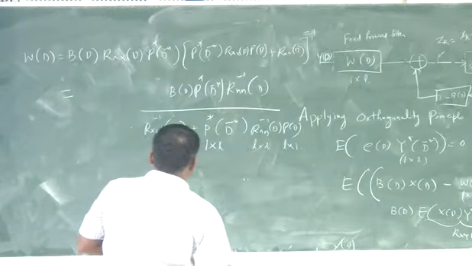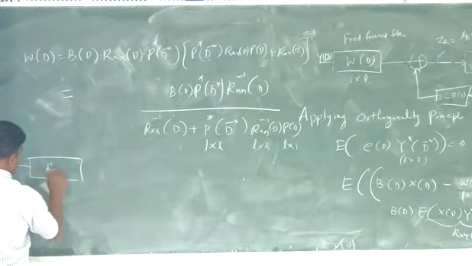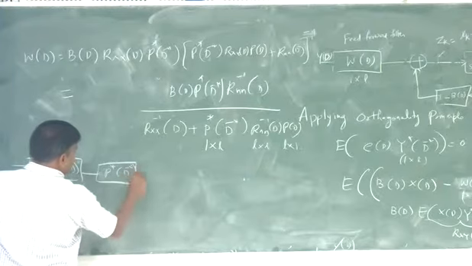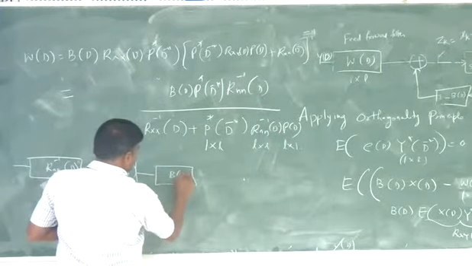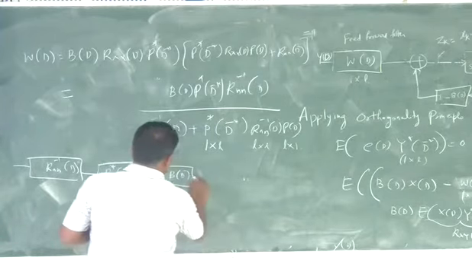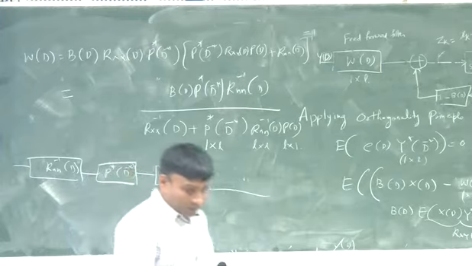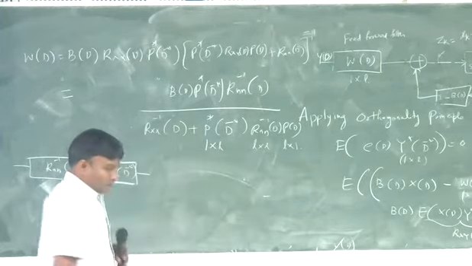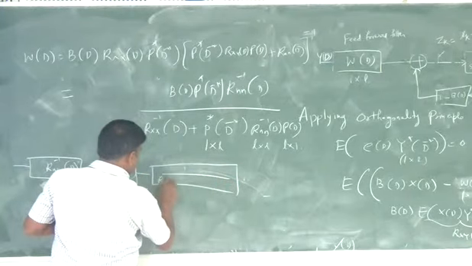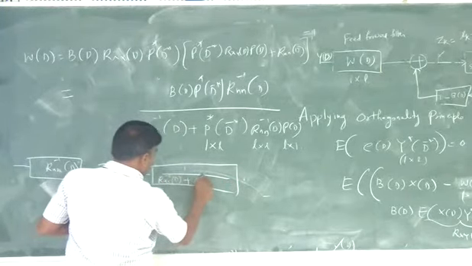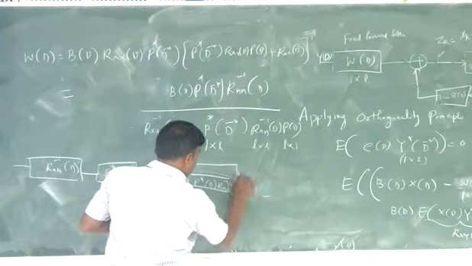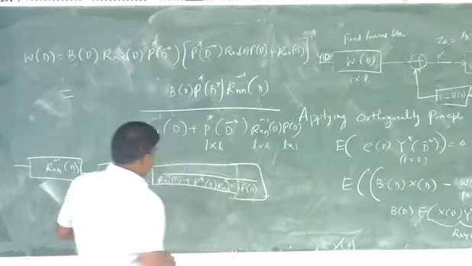Okay? So as usual, we have a noise whitening filter followed by a match filter followed by B of D. There's a noise whitening filter, there's a match filter, and then there's one more filter that is the MMSE section.